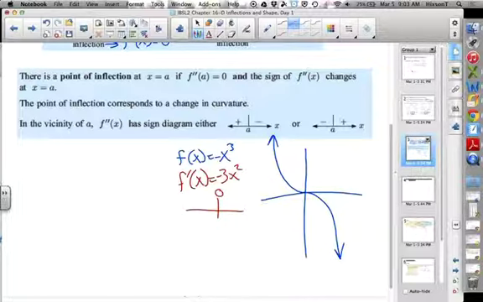But if you plug in a value to the left, you're going to get a negative. If you plug in a value to the right, you're going to get a negative. As you can see here, here's our critical value. It's decreasing as we come at it from the left side, it's decreasing as we pass it on the right. So that is a plateau point.